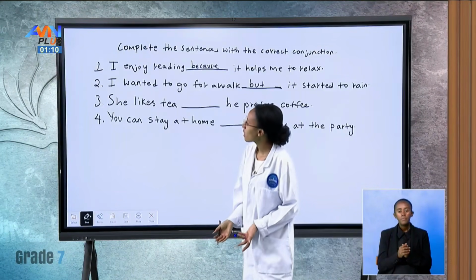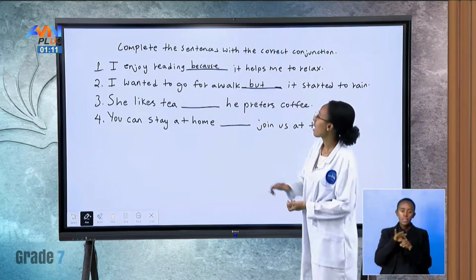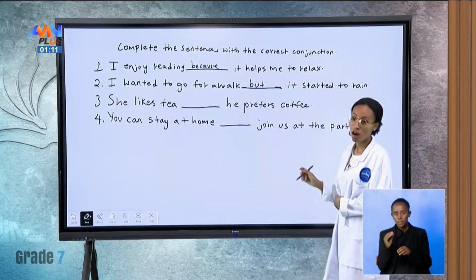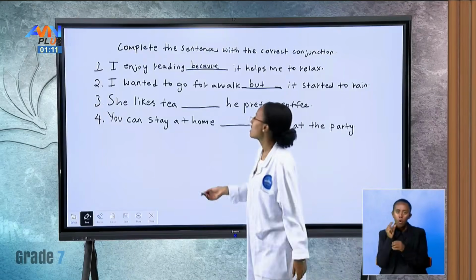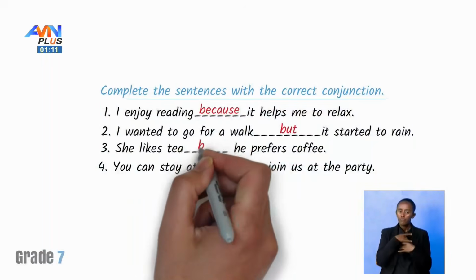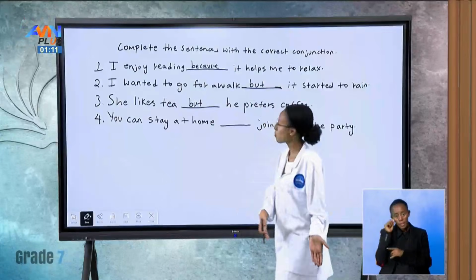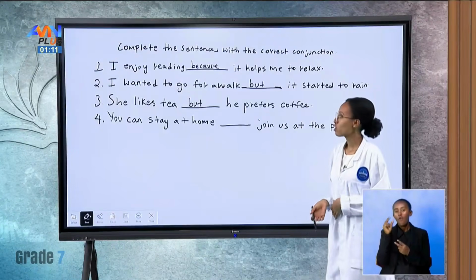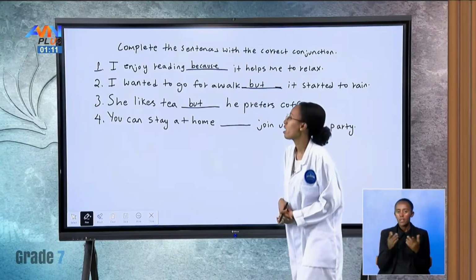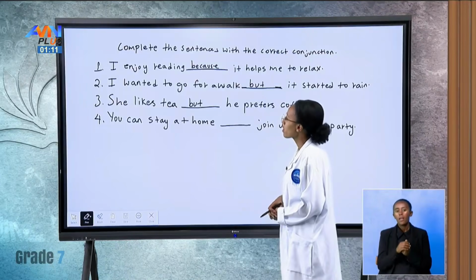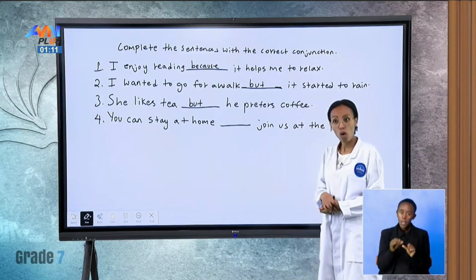Number 3: she likes tea and he prefers coffee. So 2, again, negating ideas. She likes tea, but he prefers coffee. So 2 people liking 2 different things, opposition. Okay, number 4: you can stay at home.